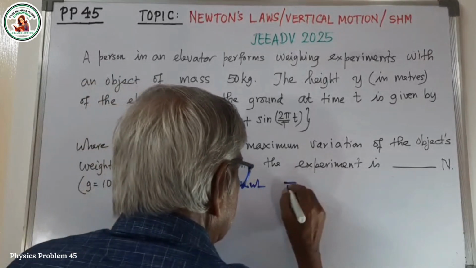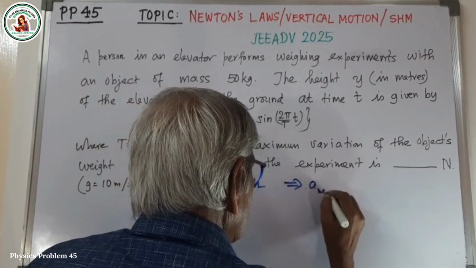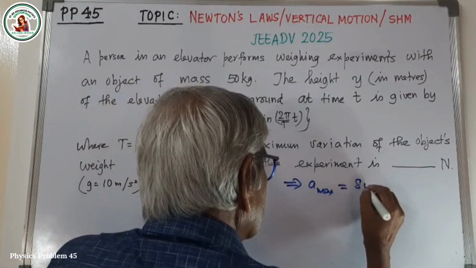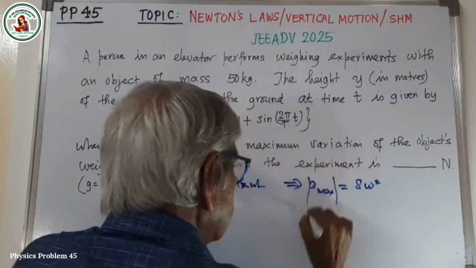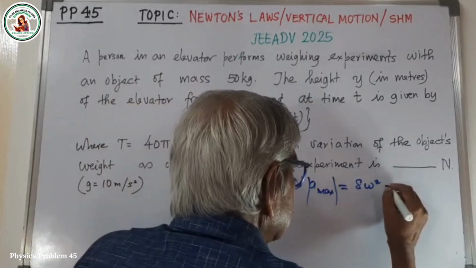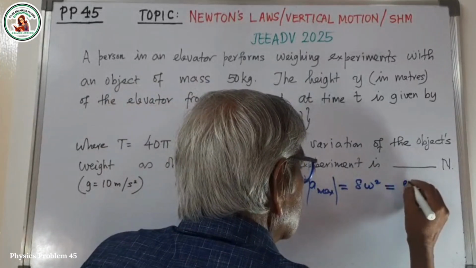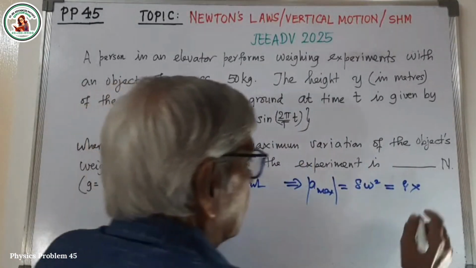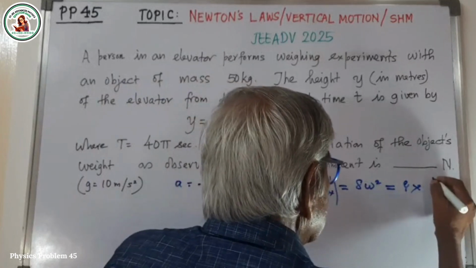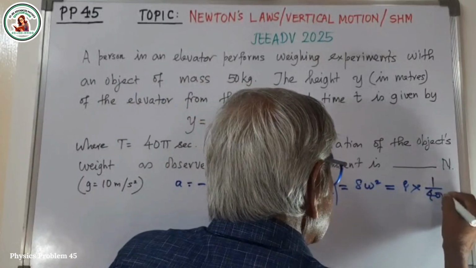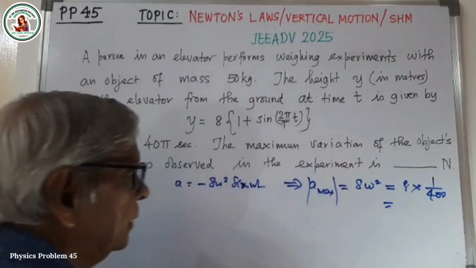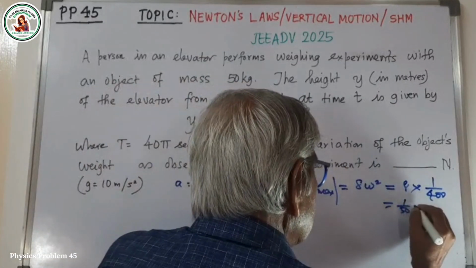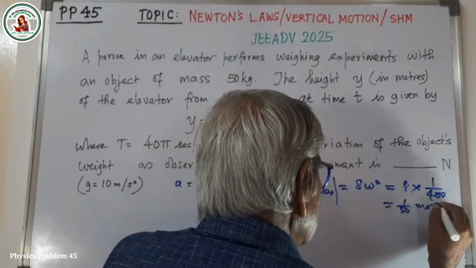So A maximum is 8 omega square. Modulus of that we work out: that is 8 times omega square, 1 by 20 square, that is 1 by 400, giving us 1 by 50 meter per second square.